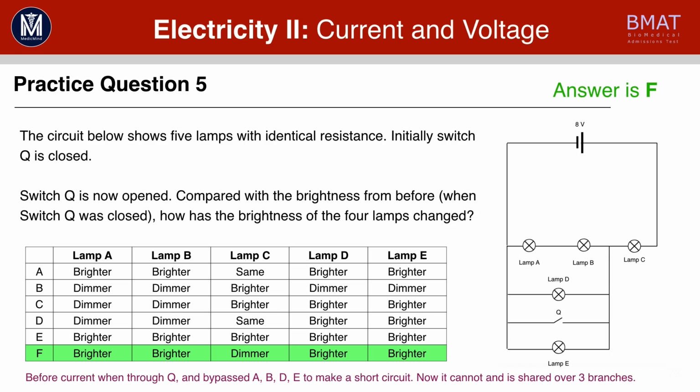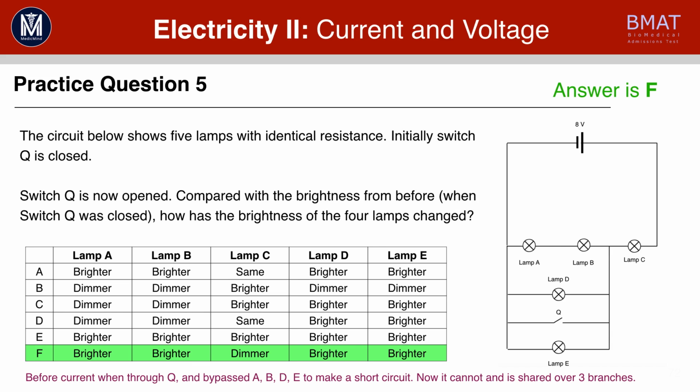However, switch Q is now opened. Now the current has to pass through A, B, D and E, and it acts like a normal parallel circuit. Therefore, A, B, D and E all get brighter. Lamp C still has the current flowing through it.